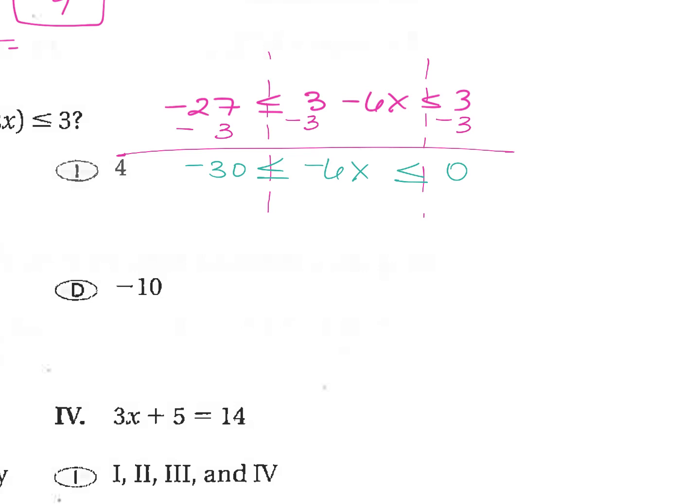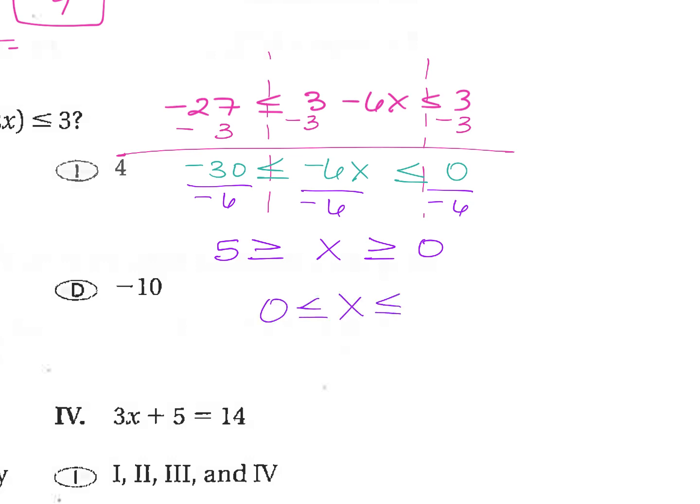They flip. Good. So divide by negative 6, divide by negative 6, divide by negative 6. So what's happening is we get a positive 5 is greater than or equal to x, which is greater than or equal to 0. So it's basically saying 0 is less than or equal to x, which is less than or equal to 5, right? Is our solution. Meaning x has to be between 0 and 5, including 0 and 5, right? That's what the equal to bar is saying.